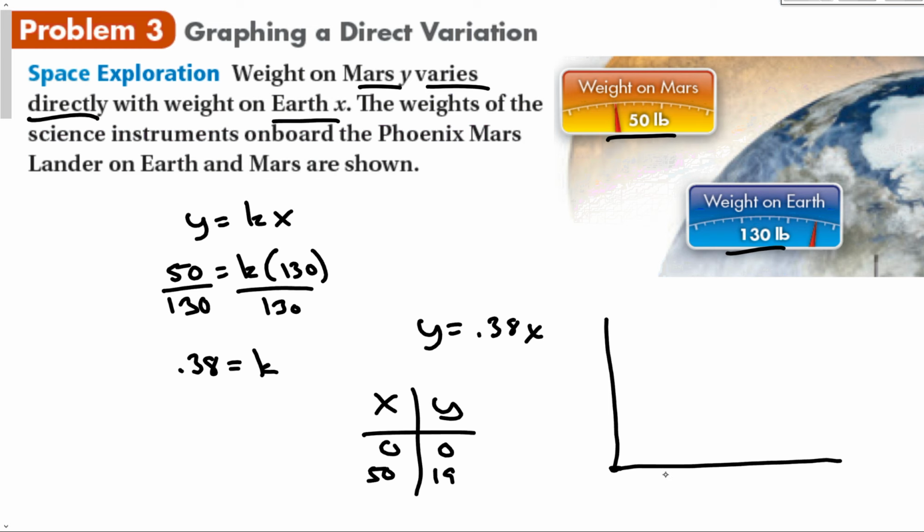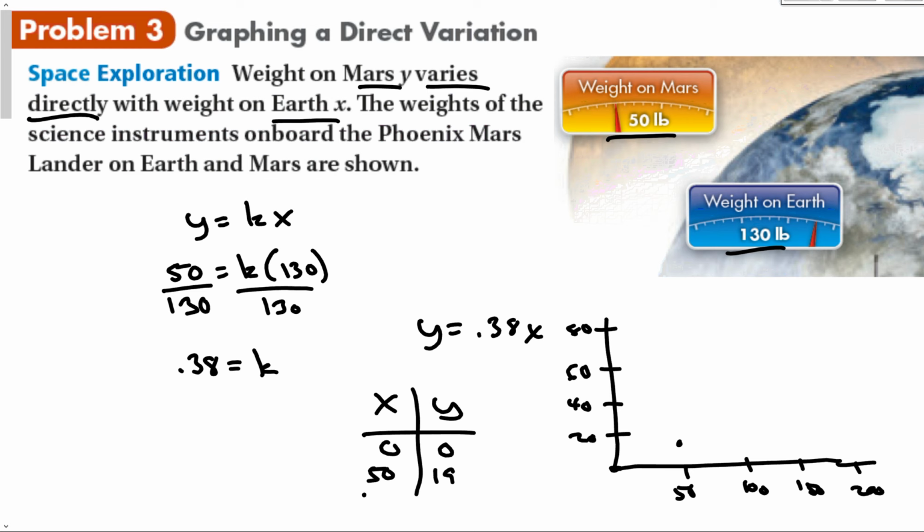So let's go 50, 100, 150, and let's make it 200. And then let's go up by 20s. 20, 40, 60, 80. Okay, so at 50, we're going to weigh 19 pounds.